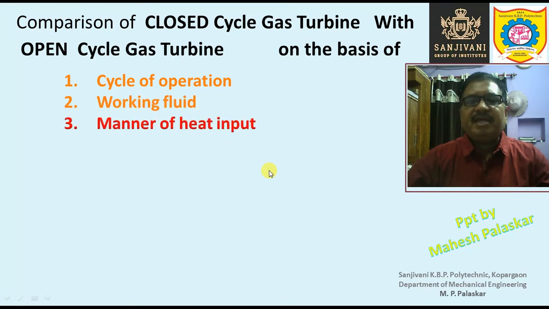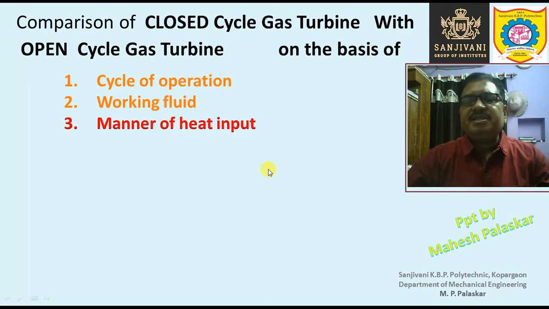Next point is the manner of heat input. Now, in case of the closed cycle gas turbine, there is an indirect contact between the working substance and the air or the gases which heat the working substance. But in case of open cycle gas turbine, there is a direct heat addition.